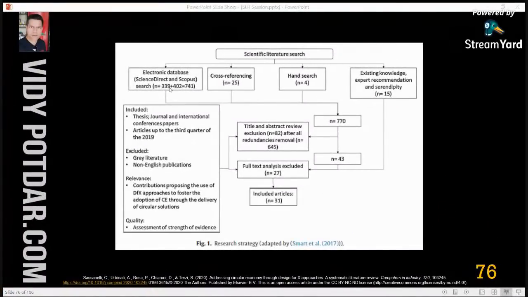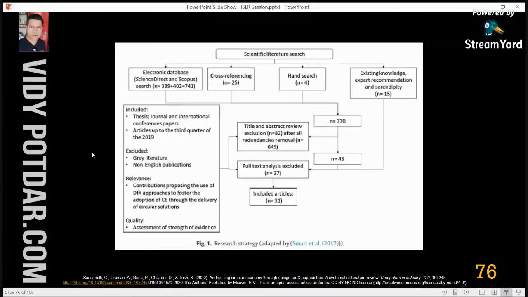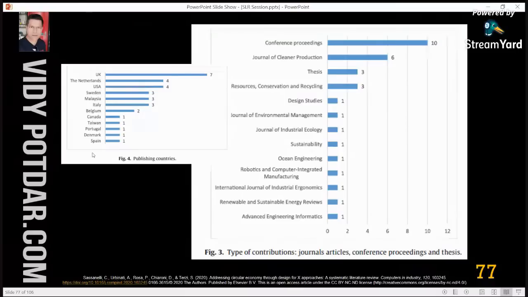So again, the same thing that was there in the table is shown here in a flowchart. In this article, they have also shown where the studies were done, so the countries, and where the papers were published. So some quantitative information you can include as well.